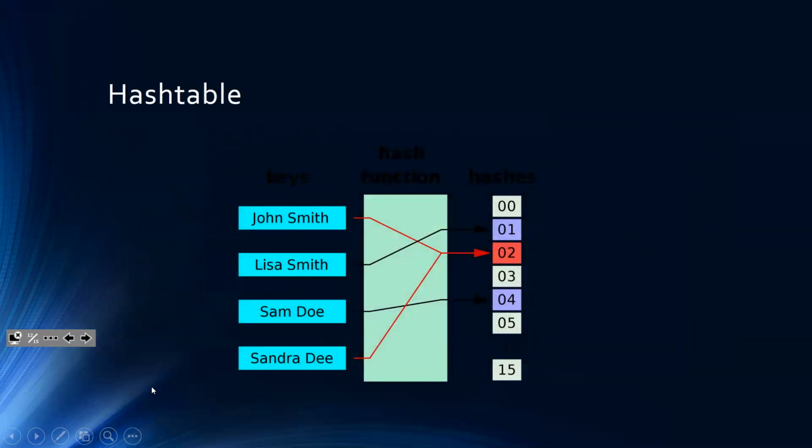A hash table is another type of object where we're going to try to take a value like this person's name and generate a unique key. Now we can see in this example, kind of like that other one, there's a problem with this hash index because John Smith and Sandra D ended up with the same key.